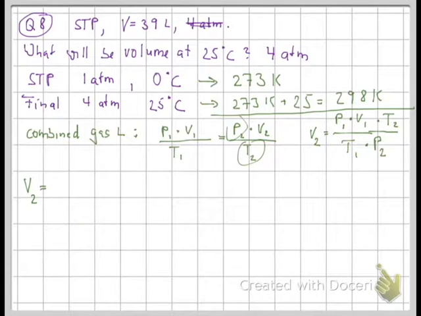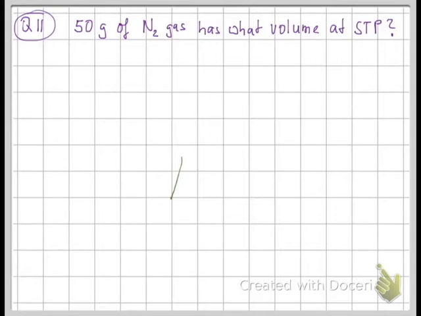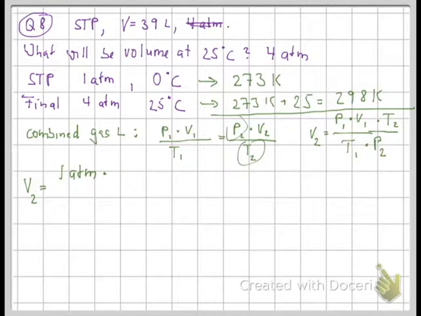All right, P1 was 1 atmosphere times V1, oh, sorry folks, V1 was 39 liters, divided by T1.